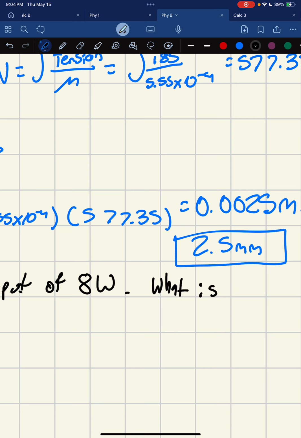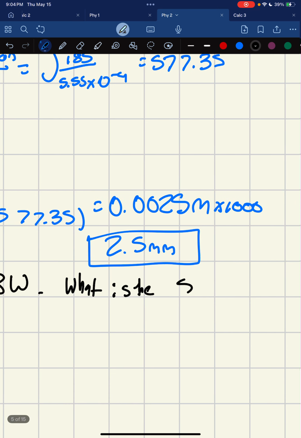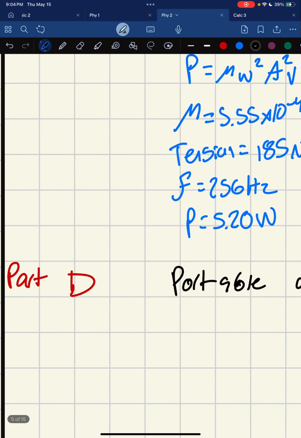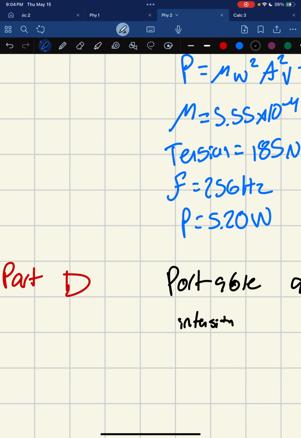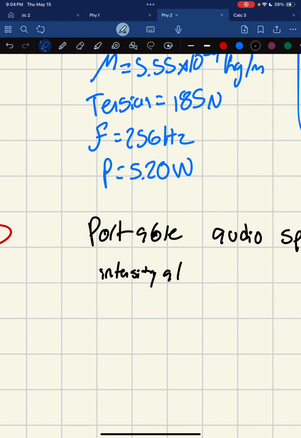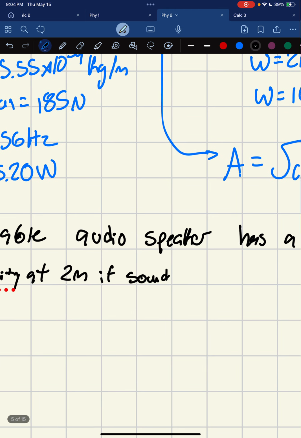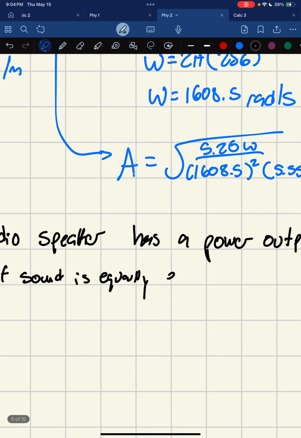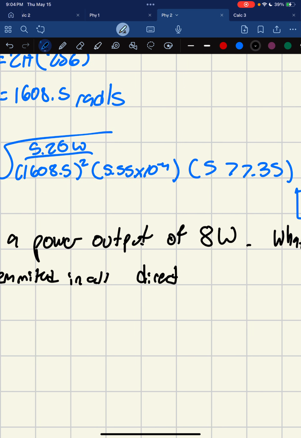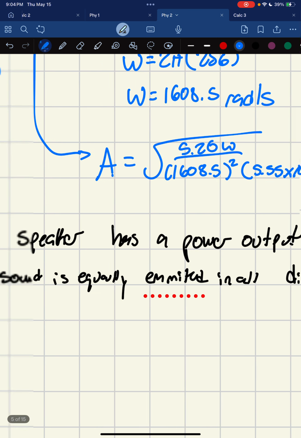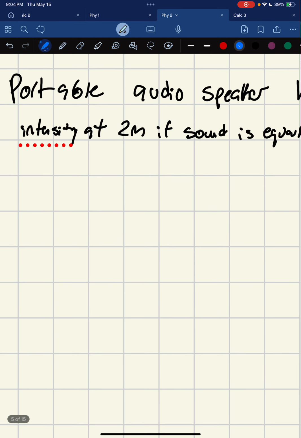What is the sound intensity at 2 meters if sound is equally emitted in all directions? Okay, so this problem is looking for sound intensity.